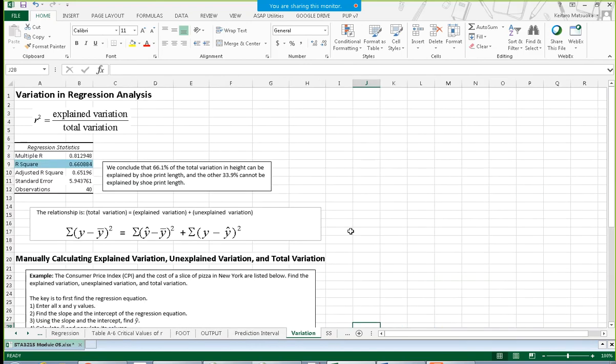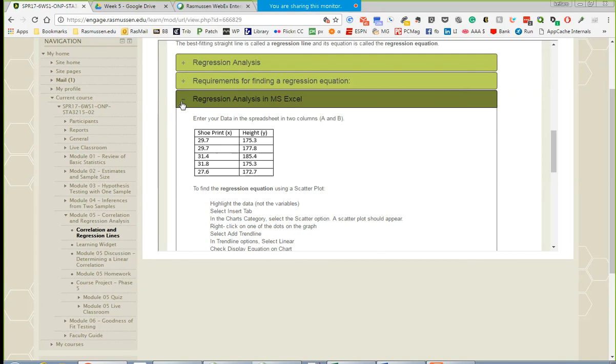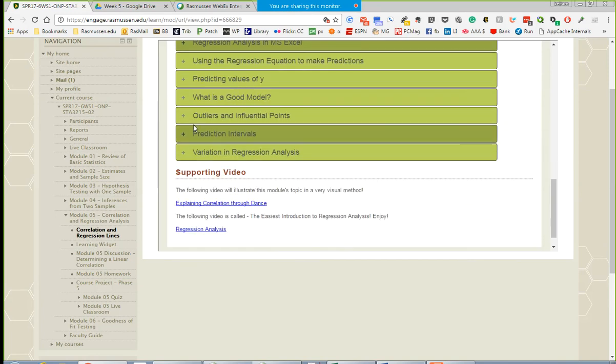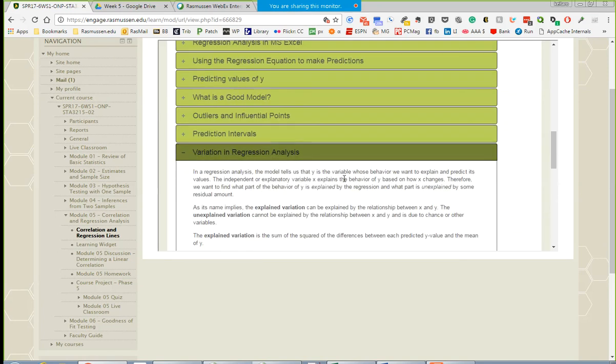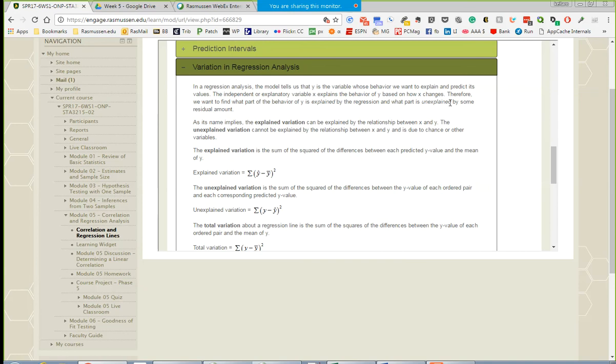Moving on to variation. We're going to be covering the explained variation and the unexplained variation.